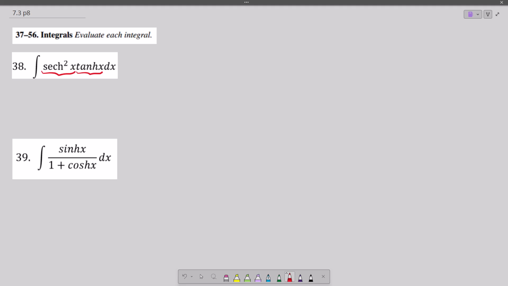Now I heard somebody say secant, and sec would also work. If you blew this apart a little and wrote it as sec times sec tanh, oh yeah, if you choose u to be sec, then its derivative is present.